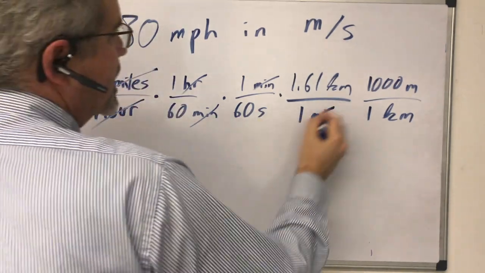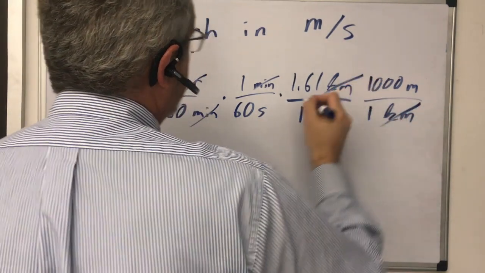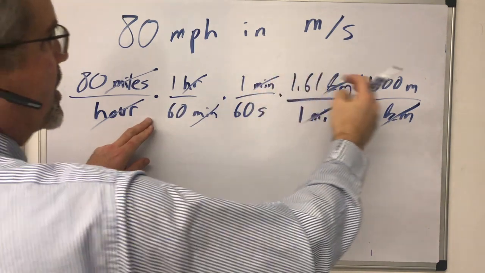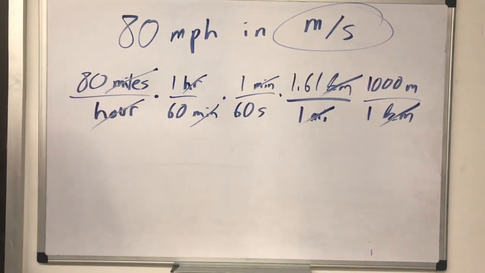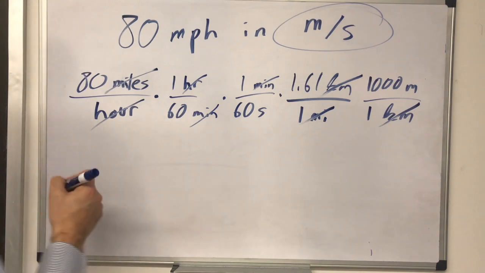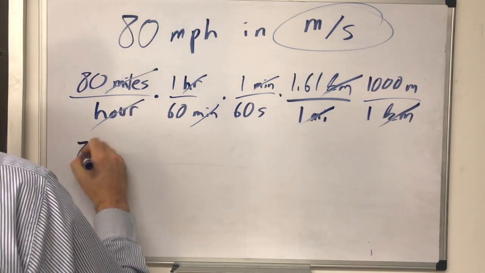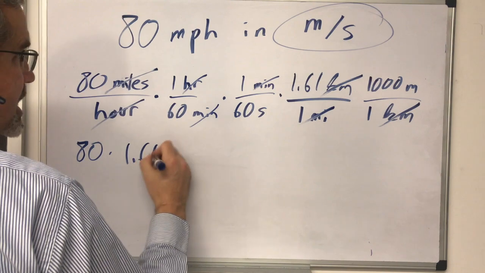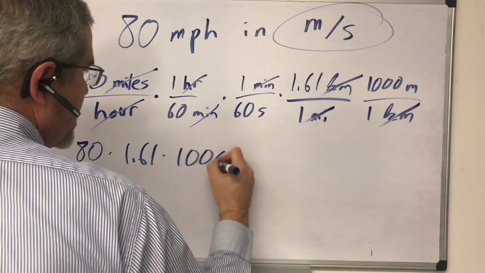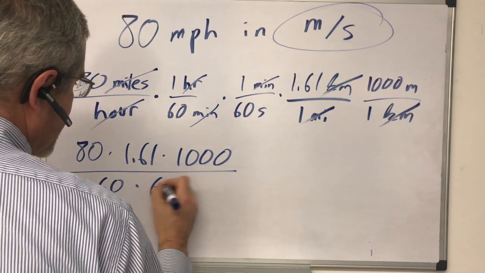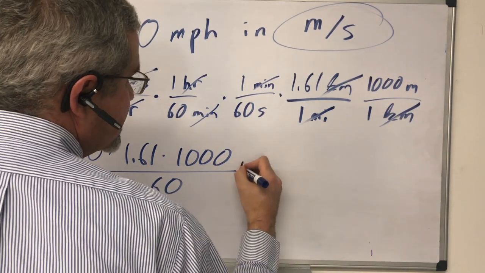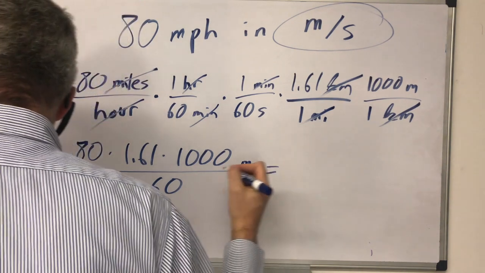So miles are going to cancel out here. Kilometers are going to cancel out. I'm going to be left with the only things that aren't canceled are meters per second, which is what I'm looking for. All right, so if I multiply that out, I have 80 times 1.61 times 1,000 divided by 60 times 60. This is meters per second.